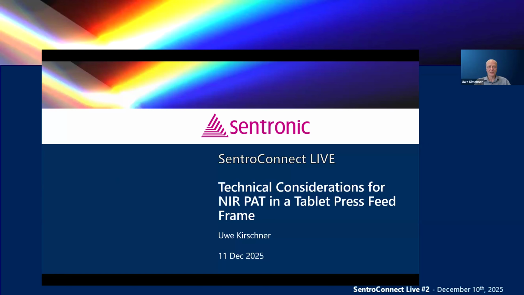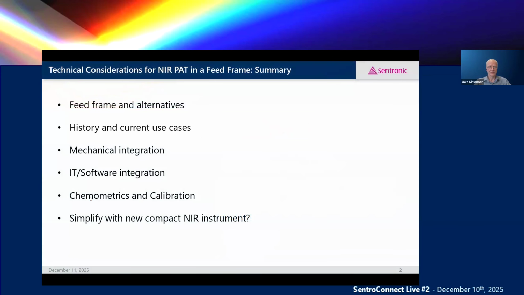After Owen looking at the business side of it, I'm trying to give a summary on the technical side of the implementation of NIR PAT in the feed frame of the tablet press. Very briefly, a quick overview about the alternatives, then some short history, how this progressed over time, then considering the mechanical integration aspects, some little IT and software integration aspects, not that much, and also not very much about chemometrics and calibration.